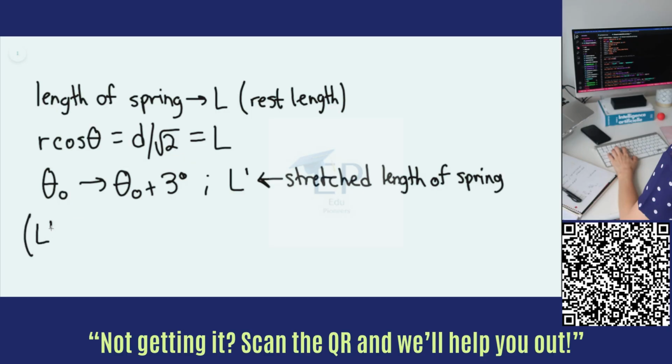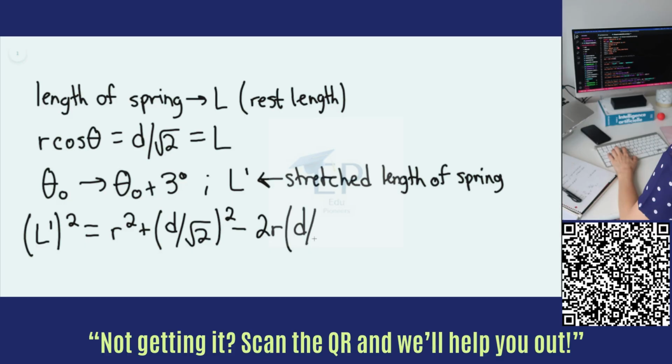Then we can simply use trigonometry, and we can say that L prime squared would be equal to r squared plus (d over radical 2) squared minus 2r multiplied by d over radical 2 multiplied by cosine of the original angle plus 3 degrees.